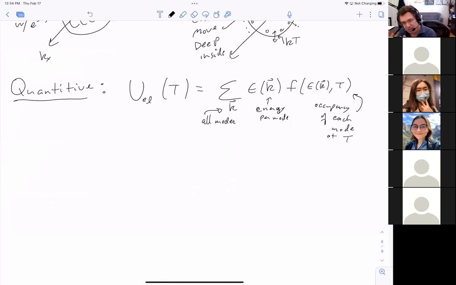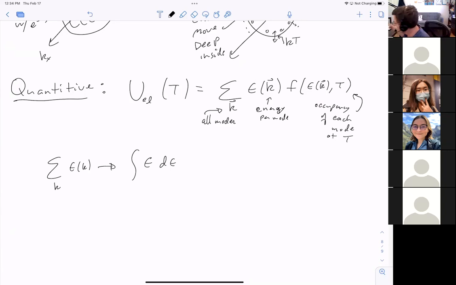But now to calculate that, we have to turn the sum into an integral. To turn it into an integral, we're going to use that same concept we did before.